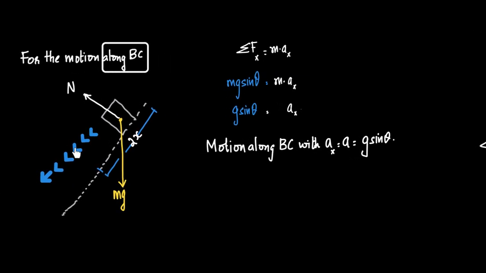The net direction of motion is downwards. The distance traveled by this block here is from B to C, which we have assumed to be 2x. And we can say that this motion along BC can be summarized as motion along BC with distance 2x with acceleration g sine theta.